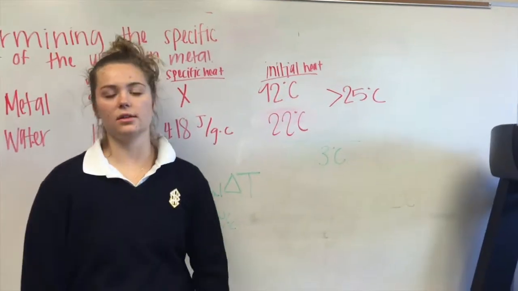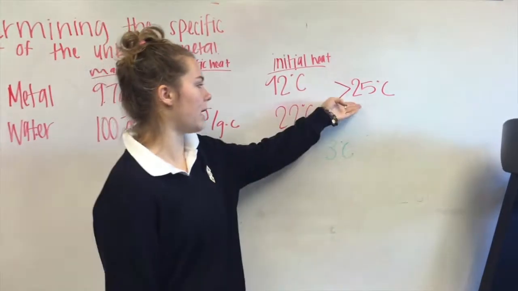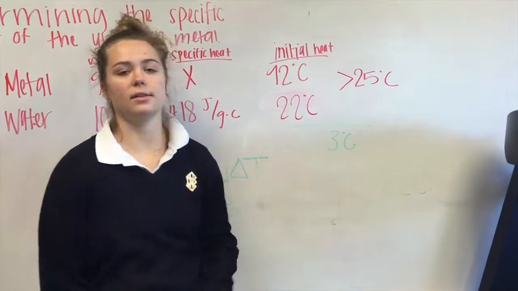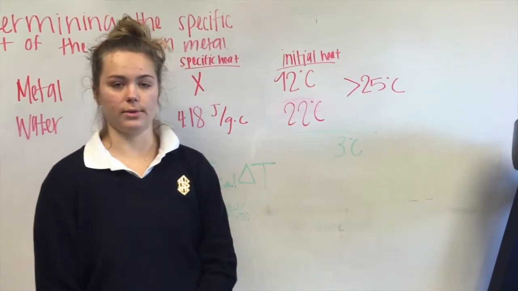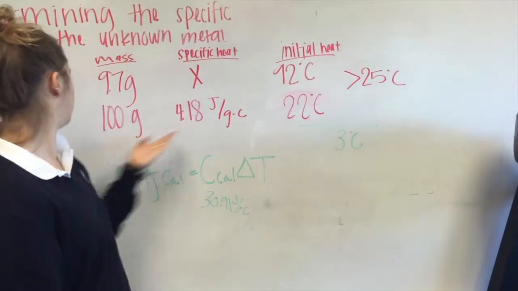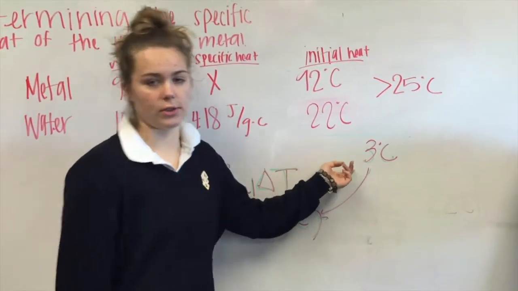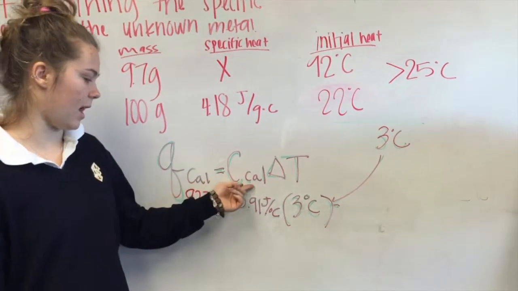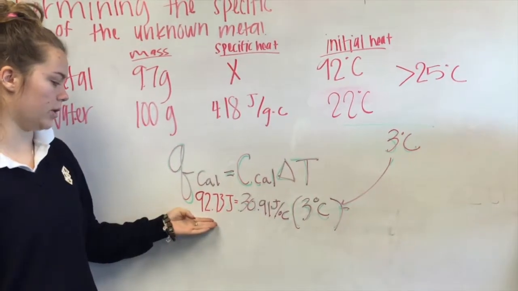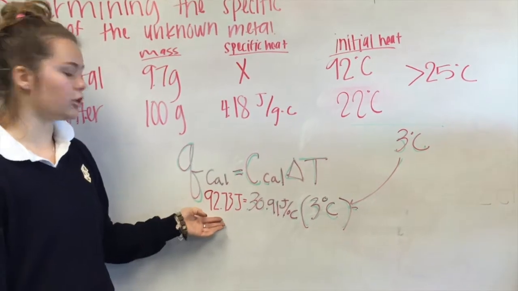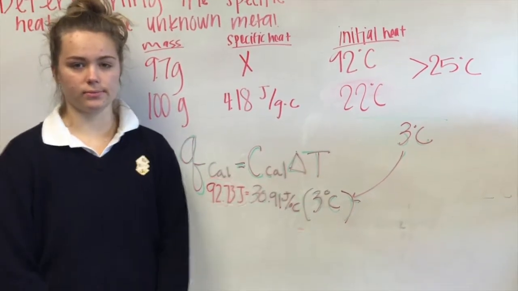The delta T we are using is the final minus the initial, because the calorimeter is at room temperature like the water. The difference we found is 3 degrees, which we then multiply by the C cal to give us the Q cal, which we found to be 92.73 joules.